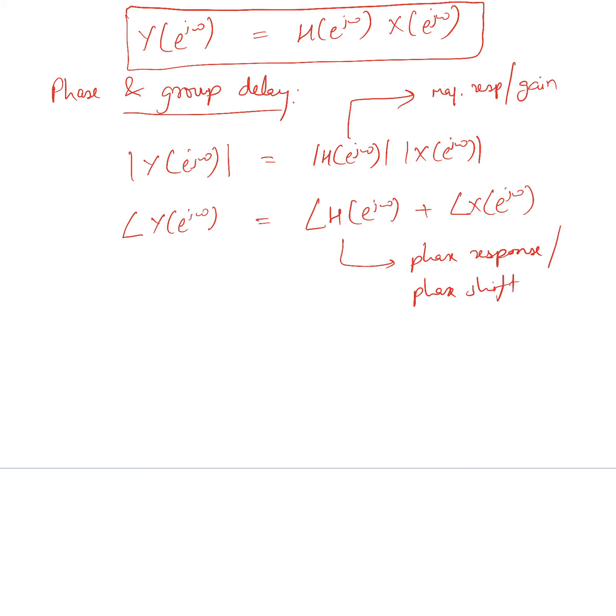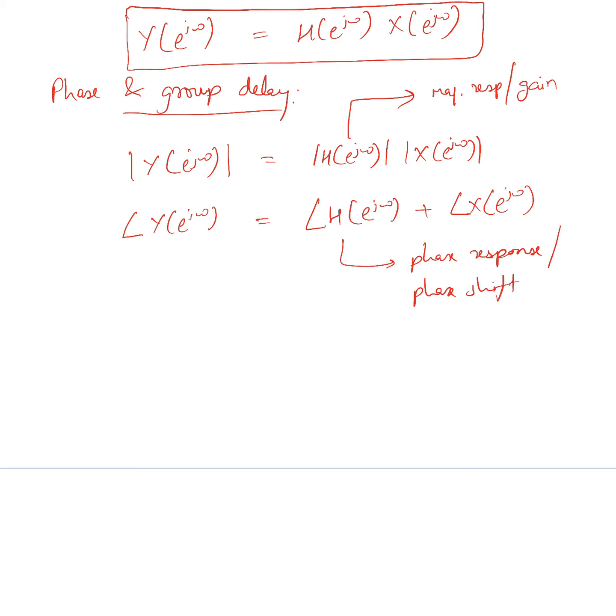Okay. The phase angle of any complex number is basically not uniquely defined, since any integer multiple of 2 pi can be added without affecting the complex number, and we had seen this earlier also.